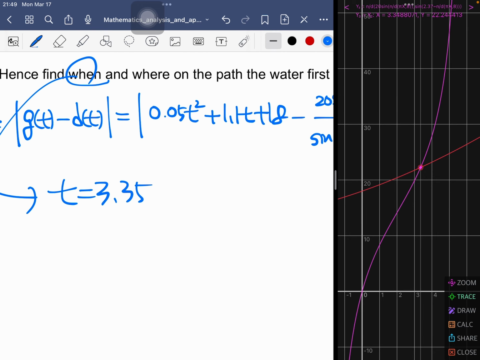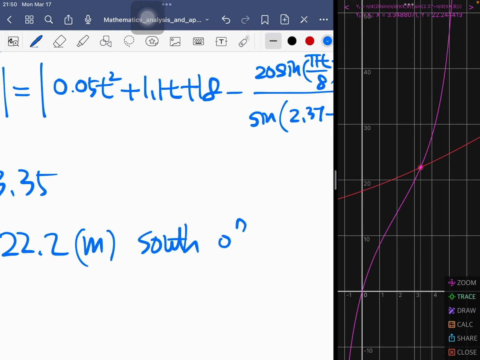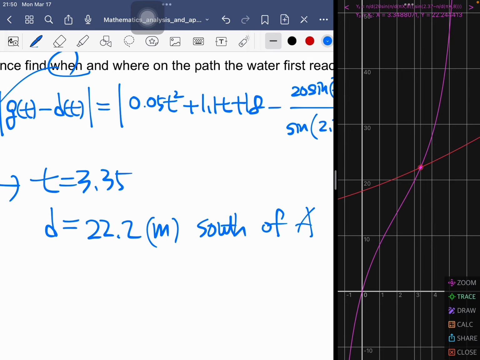So d equals 22.24, so it's going to be 22.2 meters south of point A. So this is going to be the answer.